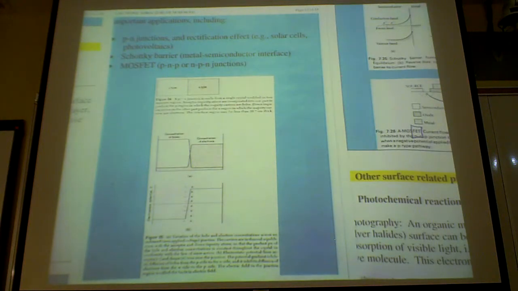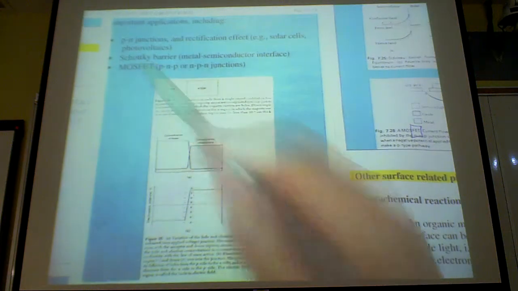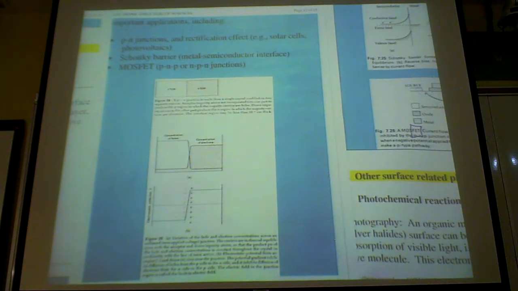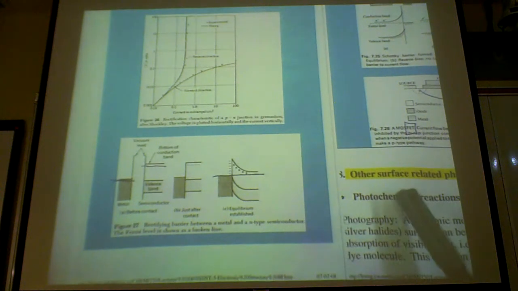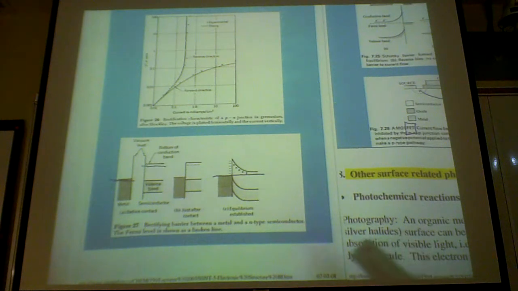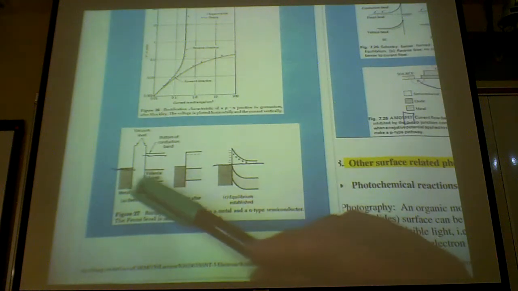The metal-semiconductor interface is what is known as the Schottky barrier, a very famous name, because everybody has heard about the Schottky barrier. Here again you would have some sort of barrier effect.